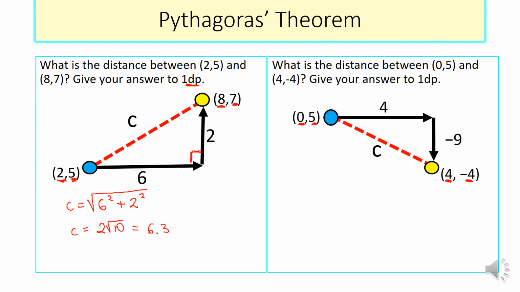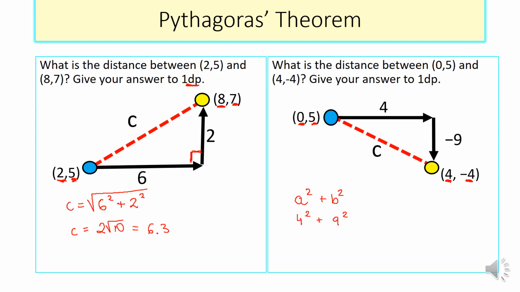So now to find the distance between the 2 points, so this is the hypotenuse, we need to find the value of a squared and then the value of b squared. Okay, so that is 4 squared plus 9 squared.